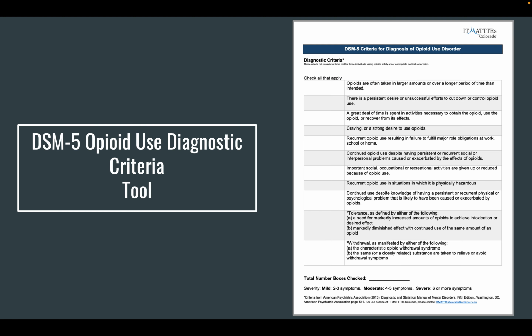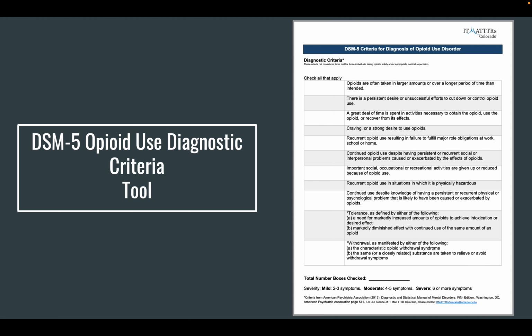This next slide is the DSM-5 opioid use diagnostic criteria tool. As you can see, there are a bunch of questions. The patient will be asked each of these questions, and each of the questions counts as one symptom.